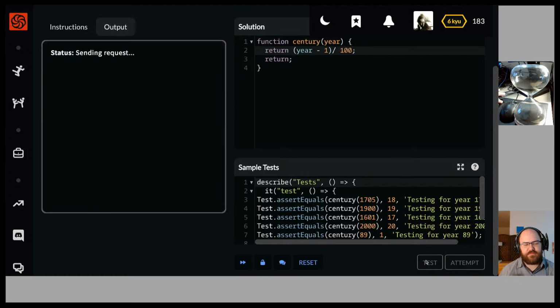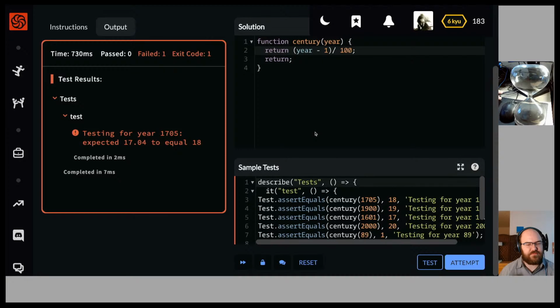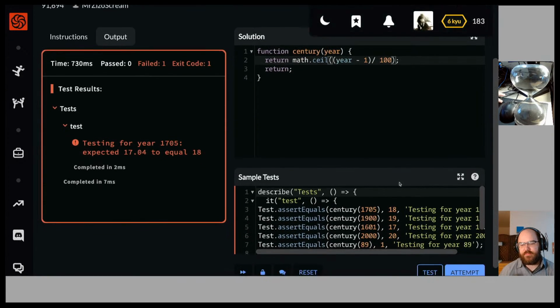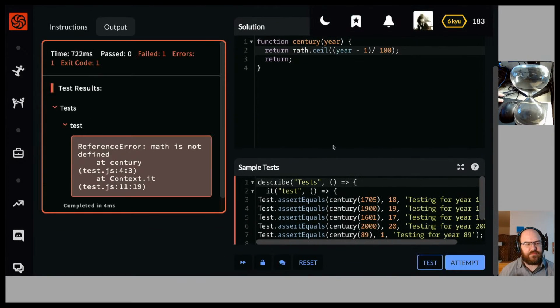Is it that simple? Maybe if we do Math.ceiling. Capital Math.